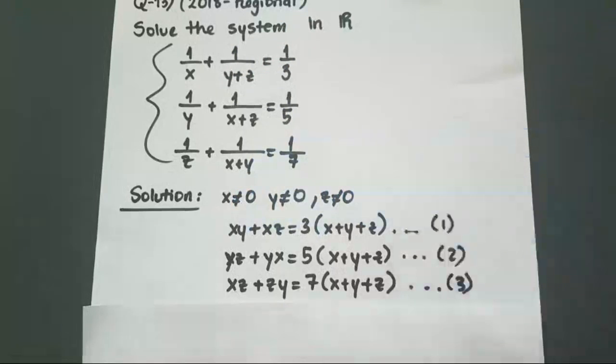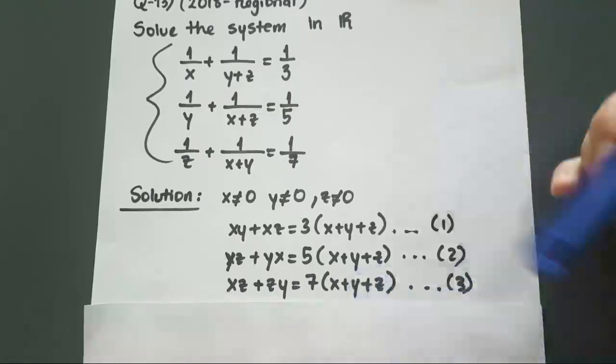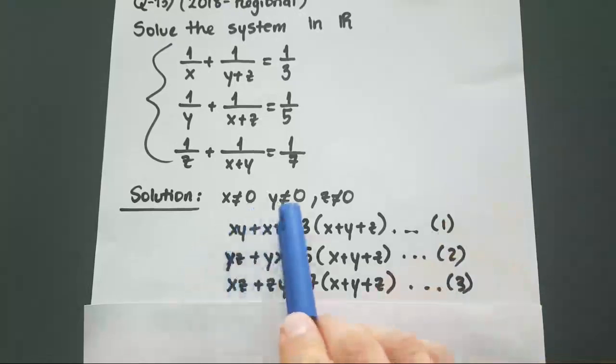From the second one, I will get yz plus yx is equal to 5 times x plus y plus z. And from the third one, I will get xz plus zy equals 7 times x times y times z. And before that, I have written that x, y, z cannot be 0.